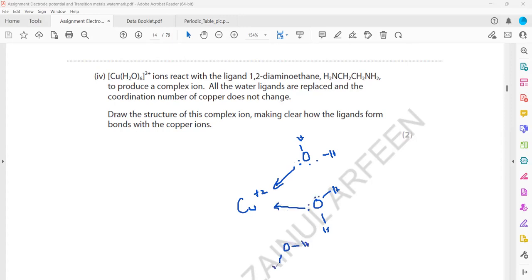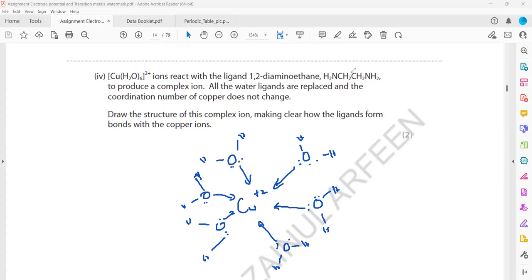We don't have to draw this one, I'm just explaining the idea that first it was octahedral, it will remain octahedral, but because water is a monodentate ligand, only one side can form a dative bond.